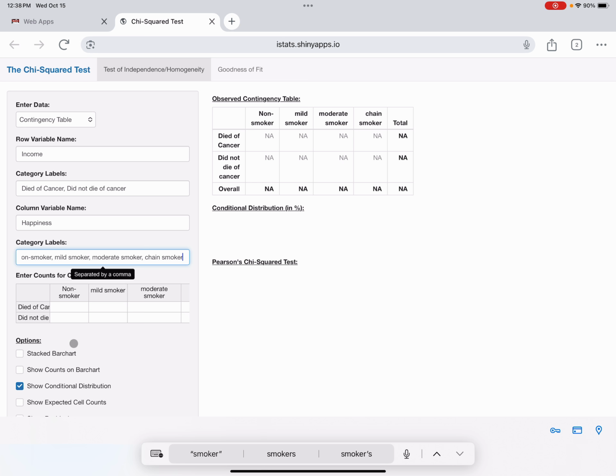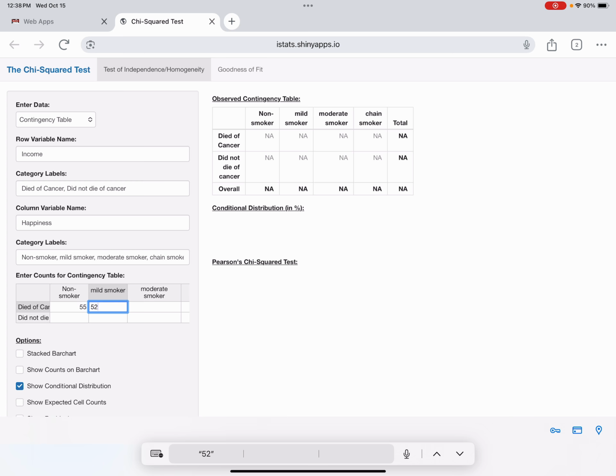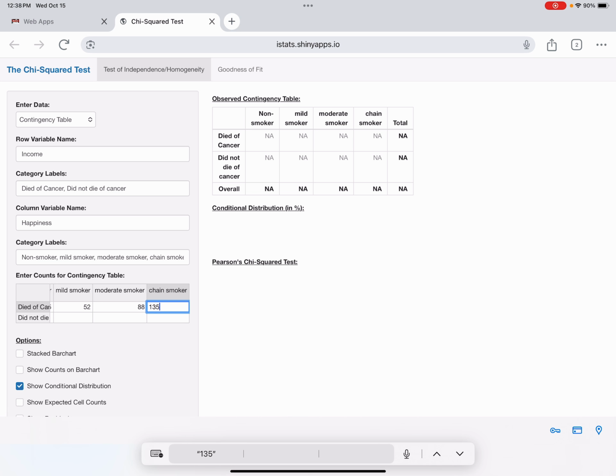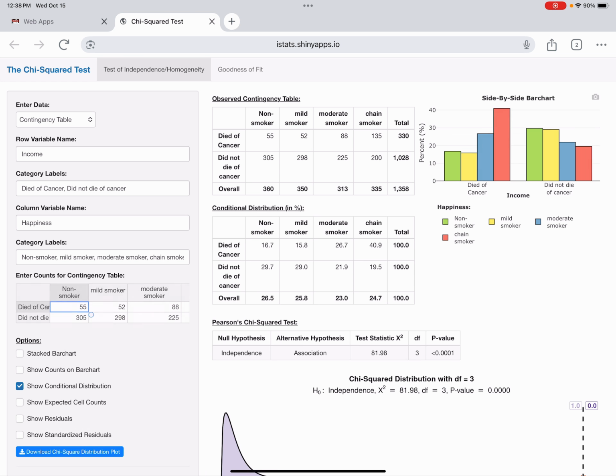Okay, and then down here I can enter my values: 55, 52, 88, 135, 305, and so on.